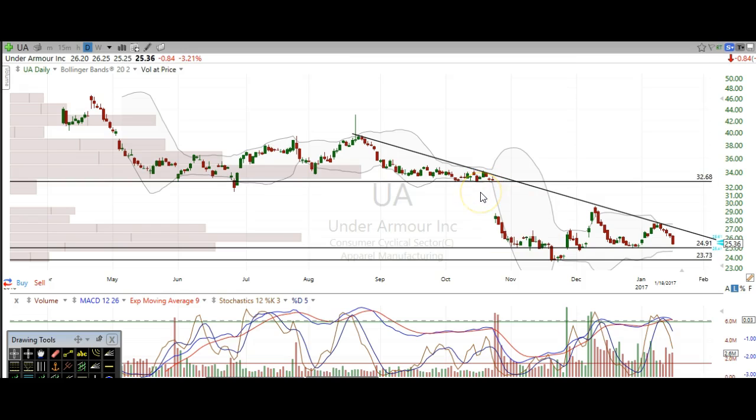If it heads up to about $32, that it's at least going to take a pause if and when it gets up there. But if we break much lower than $23.50, to me that's not going to be a stock that I want to be owning when it's making new all-time lows. Okay. The next one we're going to take a look at is TEVA.